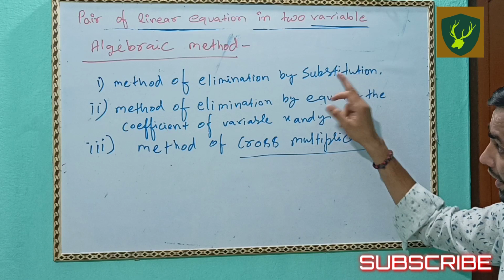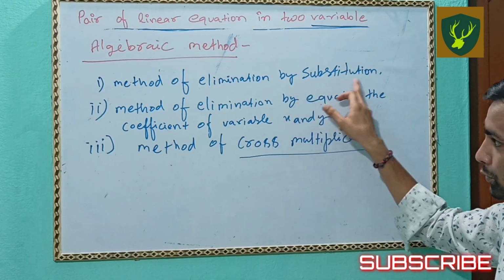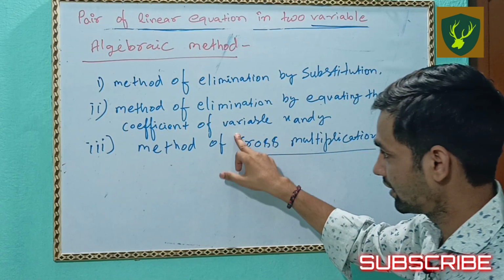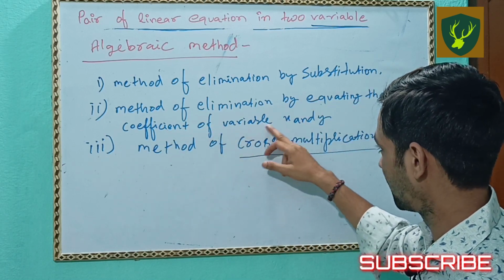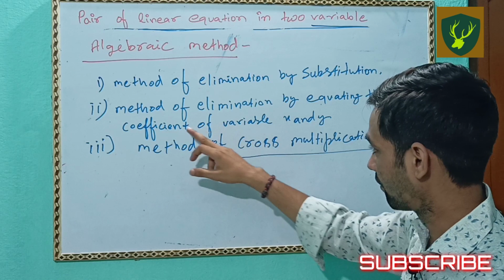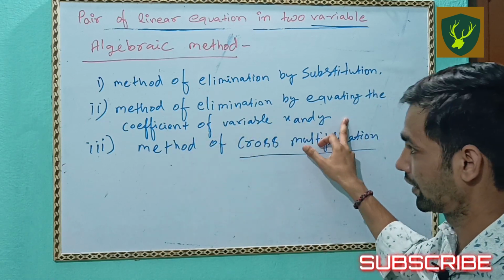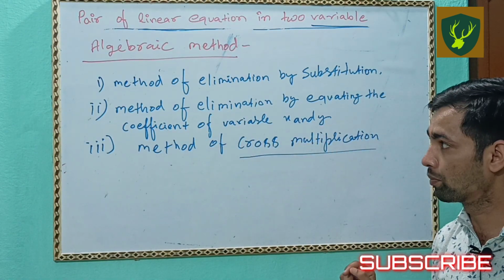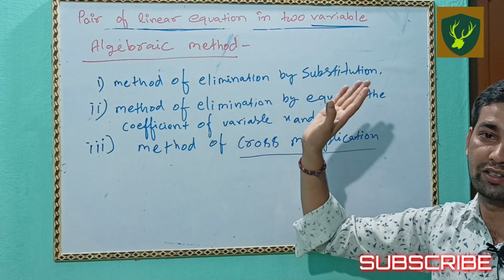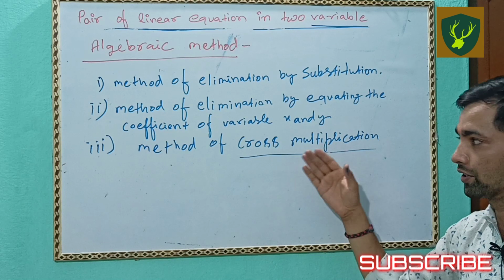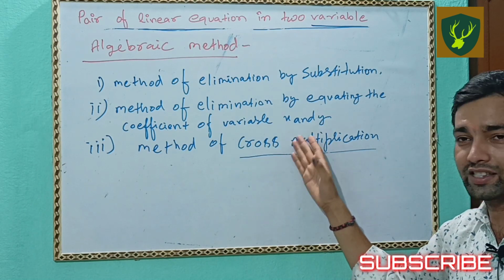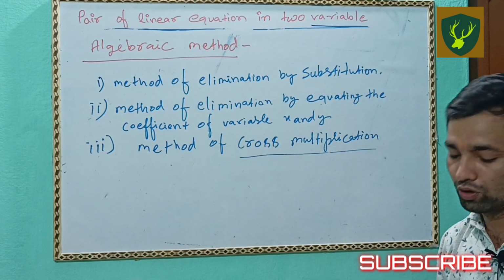That one is also correct and this one is also correct, by substitution method. And second step, method of elimination by equating the coefficient of variable x and y. यानी इसको सारे बुक में मेंशन होता है by elimination method. And third, method of cross multiplication. किसी भी बुक में देखेंगे तो आपको क्रॉस मल्टीप्लिकेशन दिखेगा.